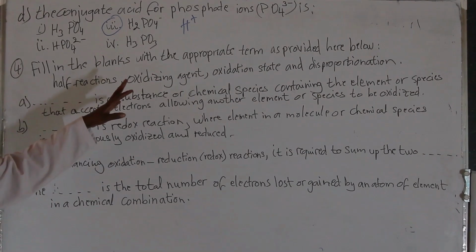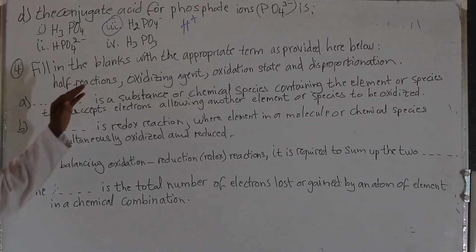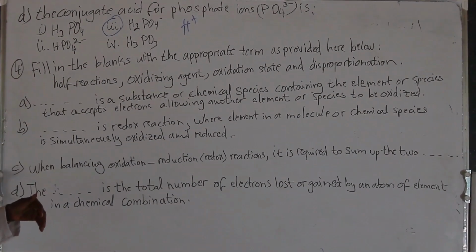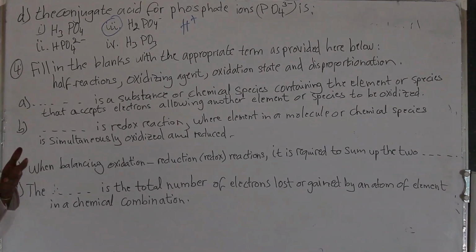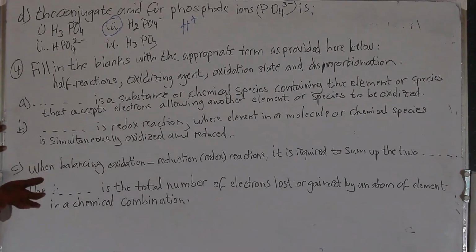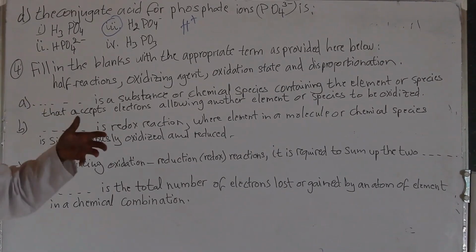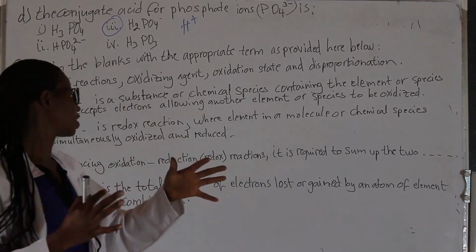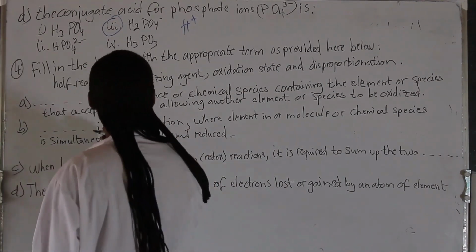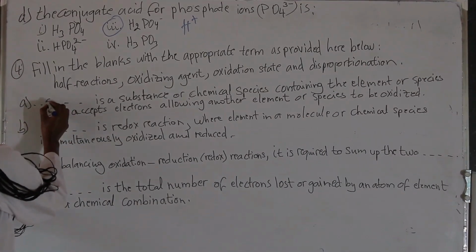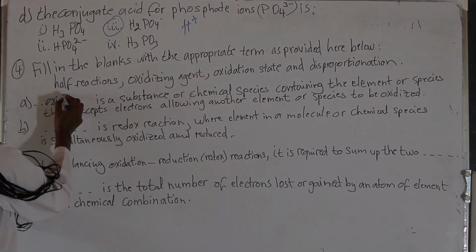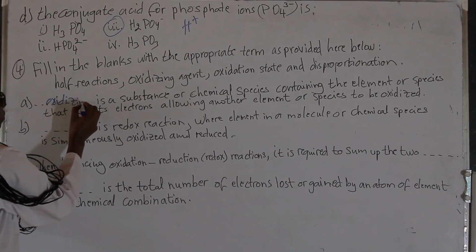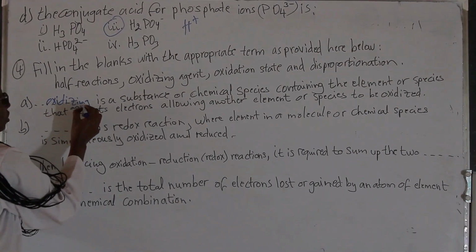This is the oxidizing agent. Remember, an oxidizing agent is a substance that causes another substance to be oxidized. That is why we call it an oxidizing agent. Here we fill in oxidizing agent.